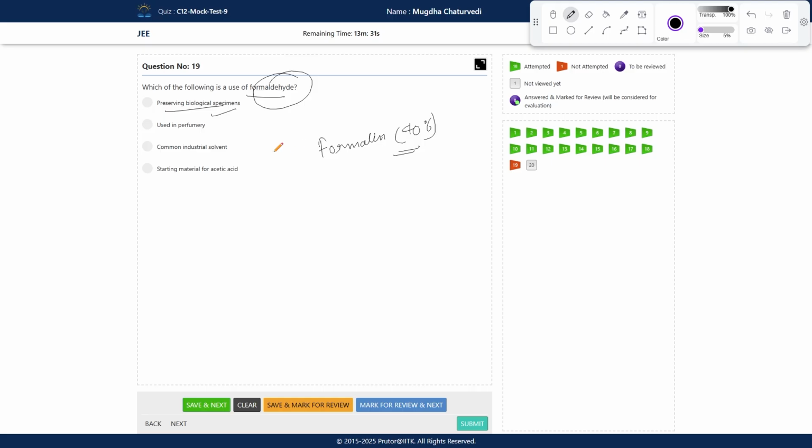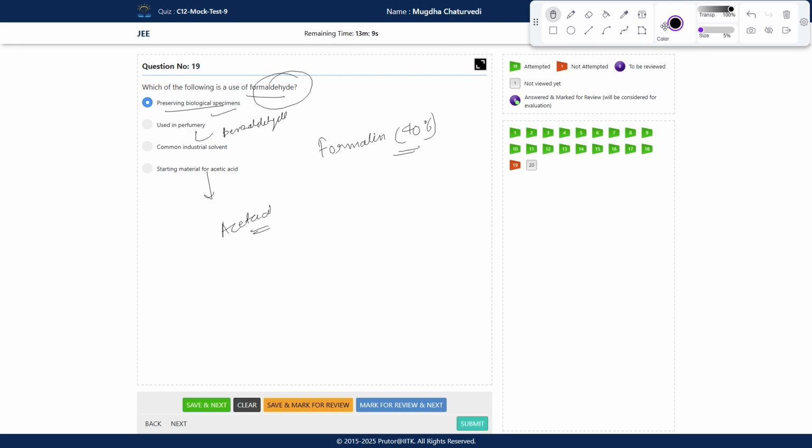Use in perfumery is for benzaldehyde, and starting material for acetic acid is acetaldehyde in this case. So the correct option will be A1, that is preserving biological specimens.